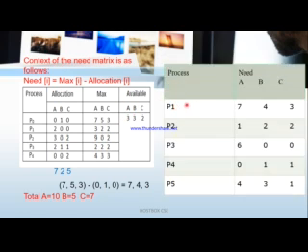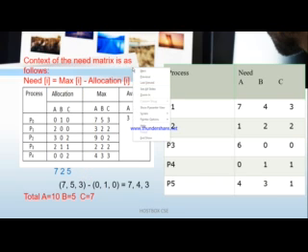Now I can see the current need of every resource. Very simple: if you want to find the need, we do maximum minus allocation.